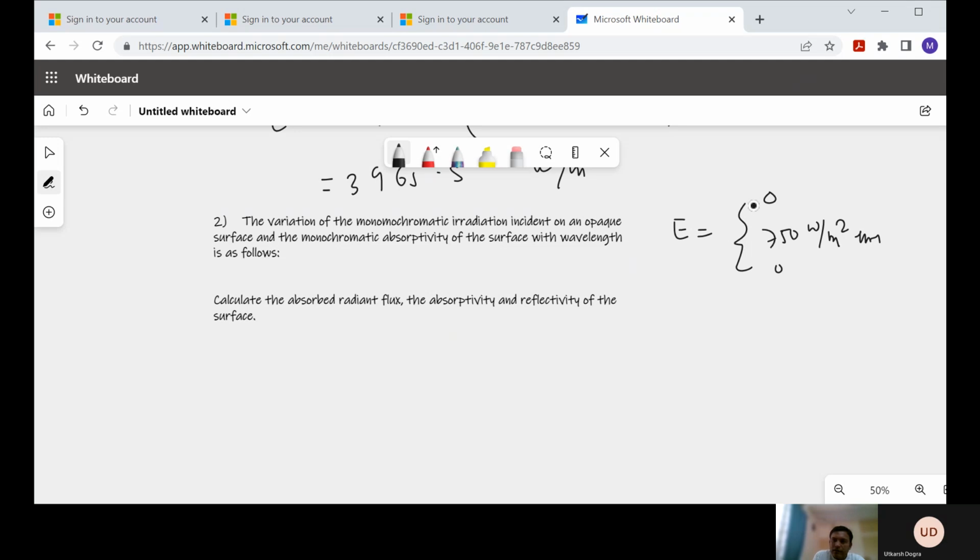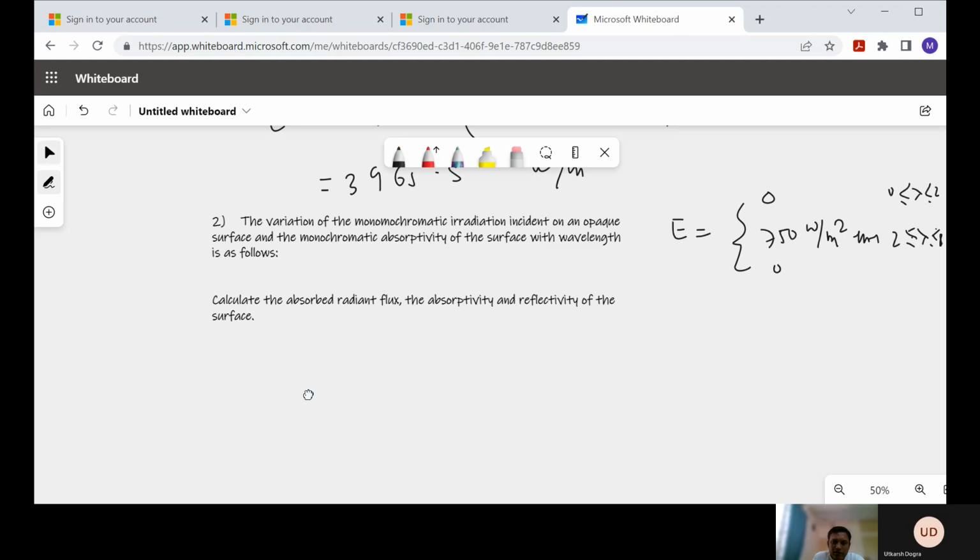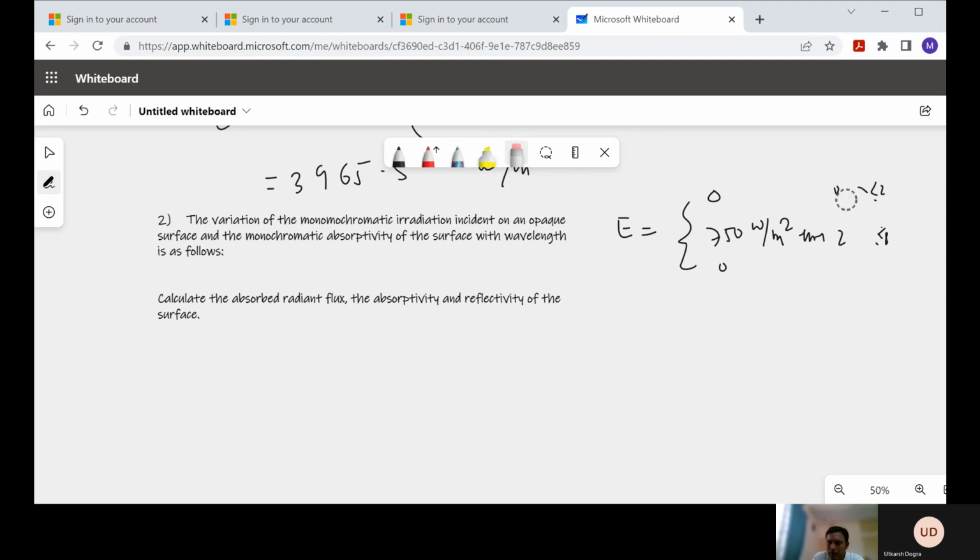The range is given as 0 to 2 micrometer, then 2 to 8 micrometer, and the last one is lambda greater than 8 micrometer.